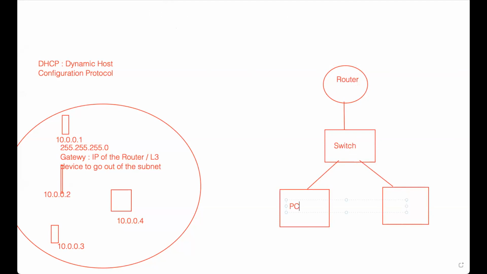And we defined one PC, and then we defined the PC IP address in our lab. And we defined the gateway. Gateway is nothing but the router IP for that VLAN, and we defined the subnet size.